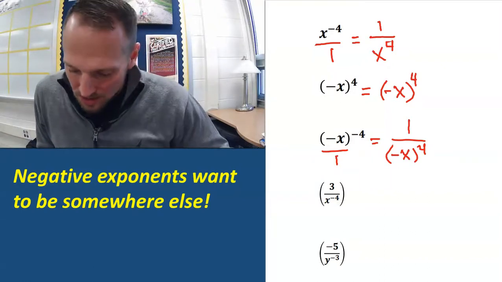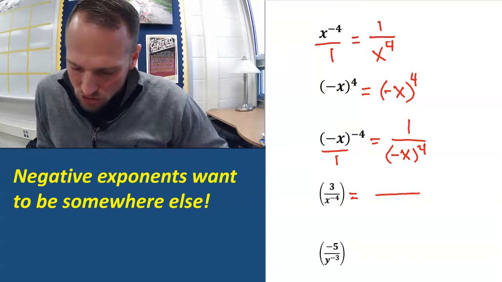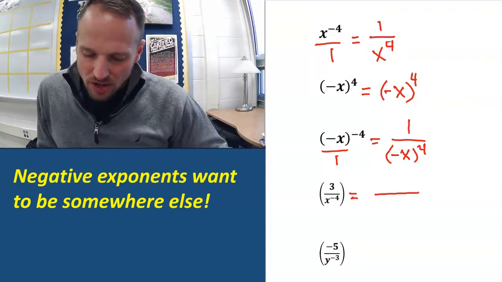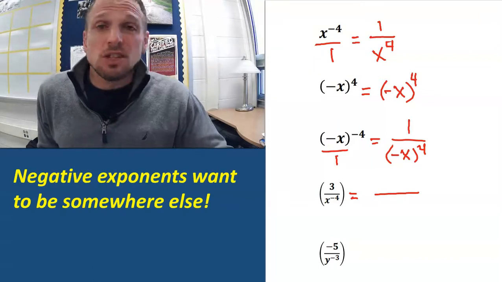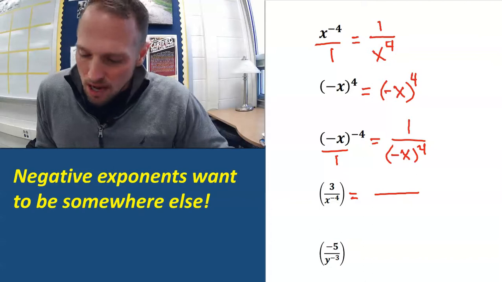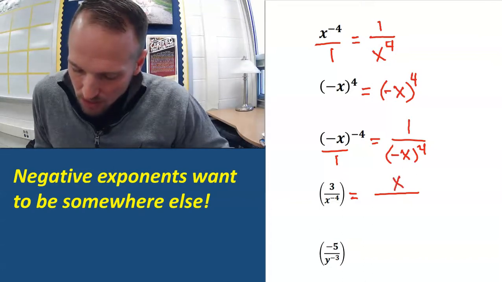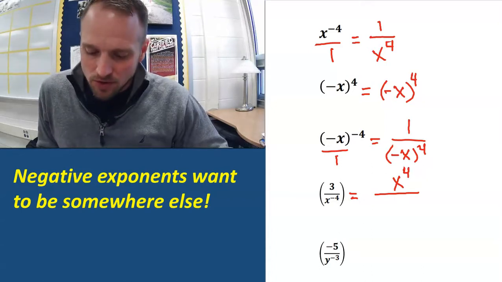Okay? Let's look at this next one. Okay, so now we've got a fraction. That x to the negative 4 doesn't like where it is. It's on the bottom of that fraction. It wants to move, so it's going to go to the top of the fraction, and the exponent is going to become positive. The negative 4 becomes a positive 4 on the top.